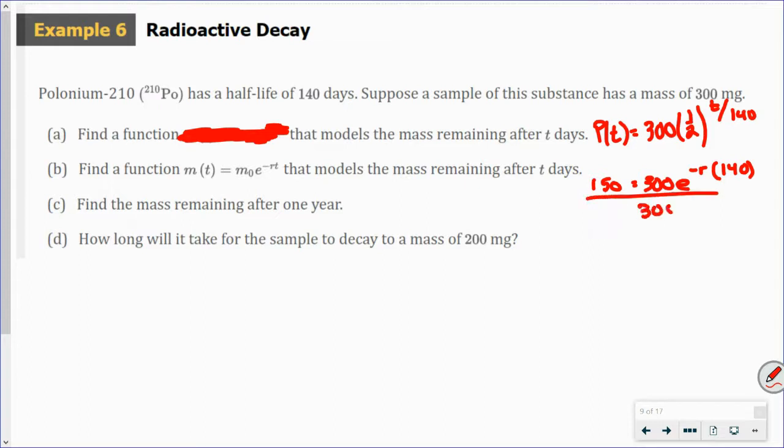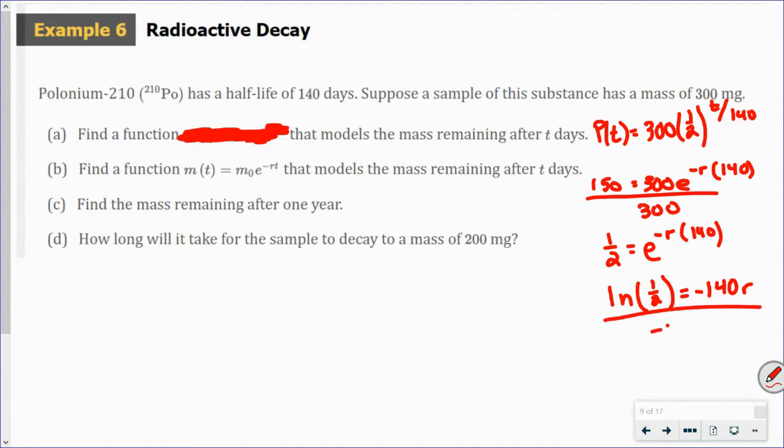We're going to divide by 300, so 1/2 equals e to the negative r times 140. To get it out of e, we go ln of a half equals negative 140r, and then divide by negative 140. So r equals ln of a half divided by negative 140. So we get 0.005. You could take that out to more decimals if you wanted.